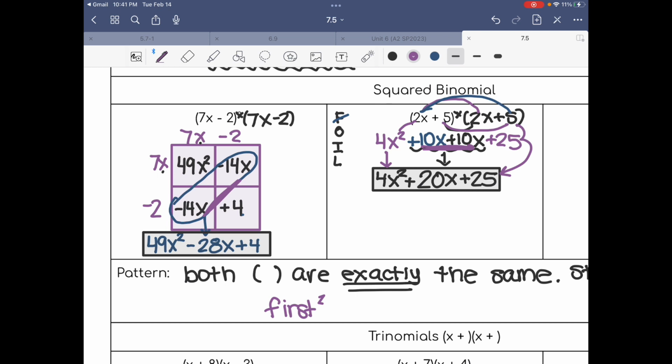And then in the middle, it's going to be 2 times the first number times the second number. And that one is going to be sometimes positive, if that's a positive number, and sometimes negative. And then the last number is always going to be positive. You'll notice both these ended up being pluses. And it's going to be the second number squared at the end.